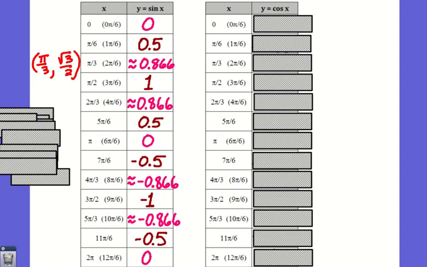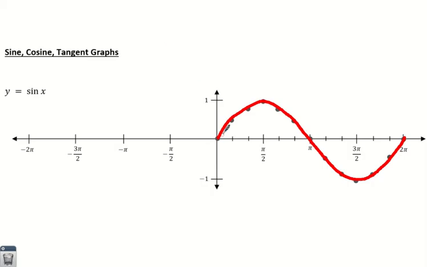So again, essentially what I'm saying is, won't this shape just keep repeating itself over and over and over again every time we go through another 360 degrees? Won't this kind of curve just repeat itself? So this just kind of repeats itself, and it'll do it in both directions essentially.